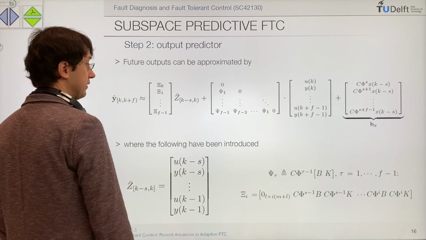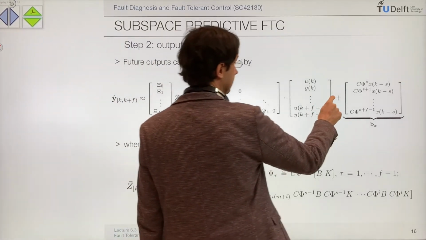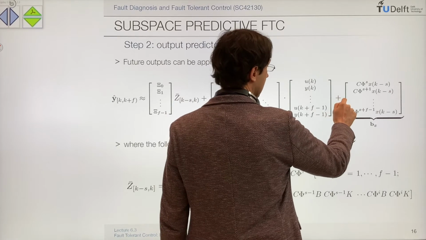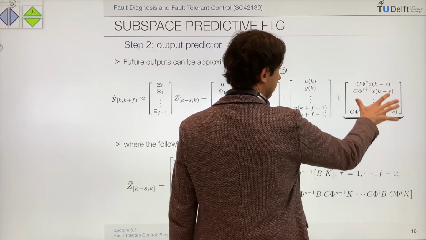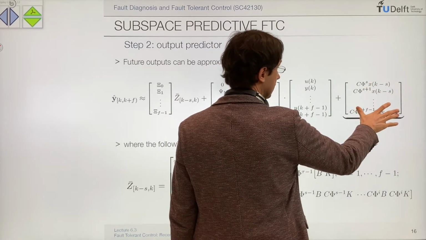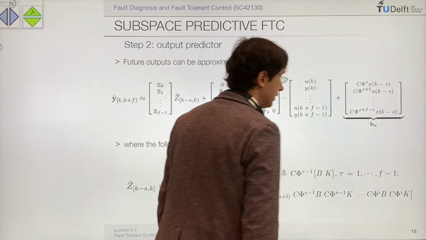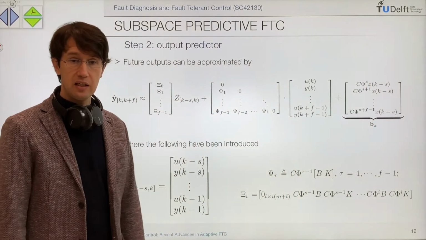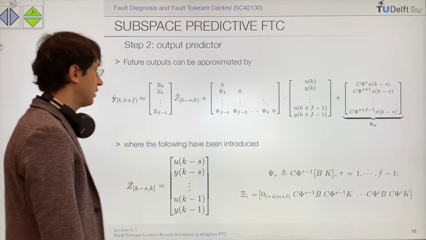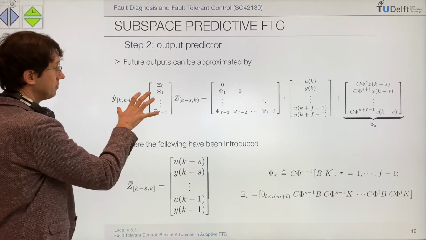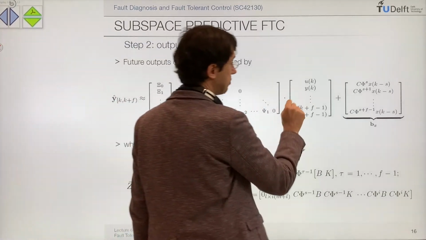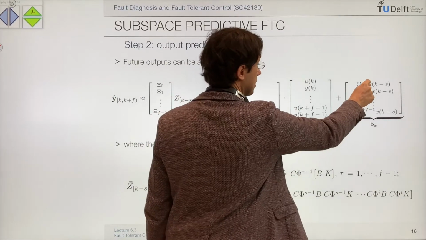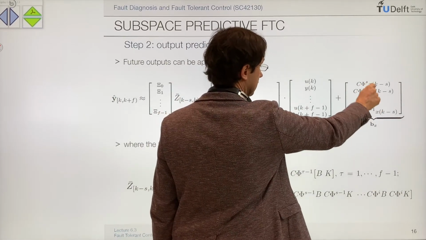And then finally, what we have is a term that depends on initial states. So the thing that we said we don't know. Actually, in this form, we would not be able to compute it because we don't have direct measurement of this one.